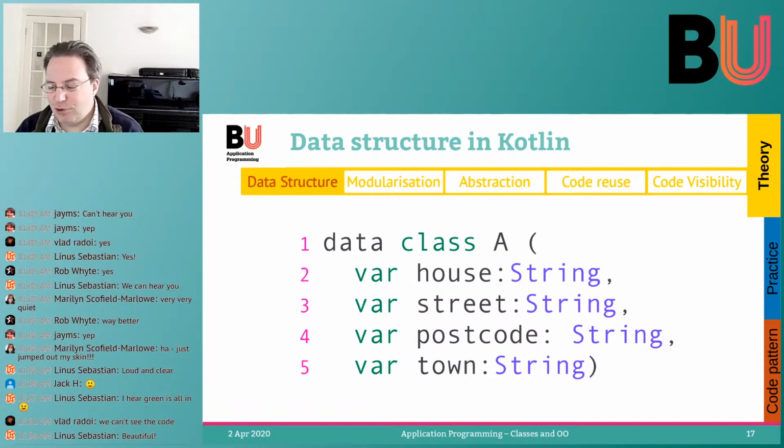Kotlin is a typed language for the JVM, so it's an alternative to Java, so to speak. Such a data class basically holds all these values or variables, house, street, postcode, town, as strings. So you have to define the type when you define members of a class in Kotlin.